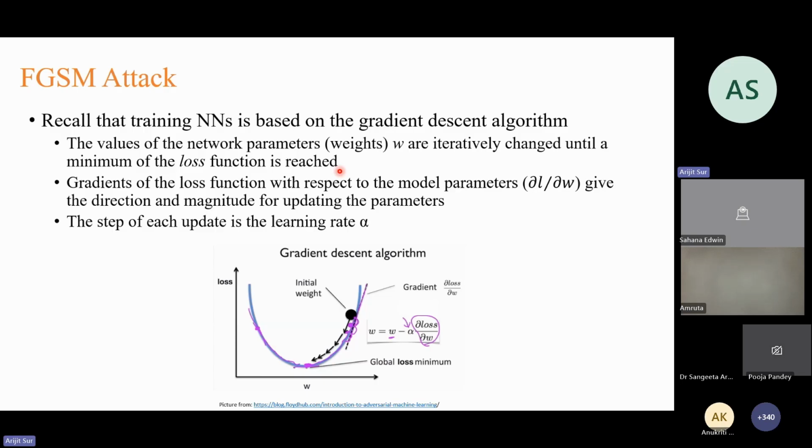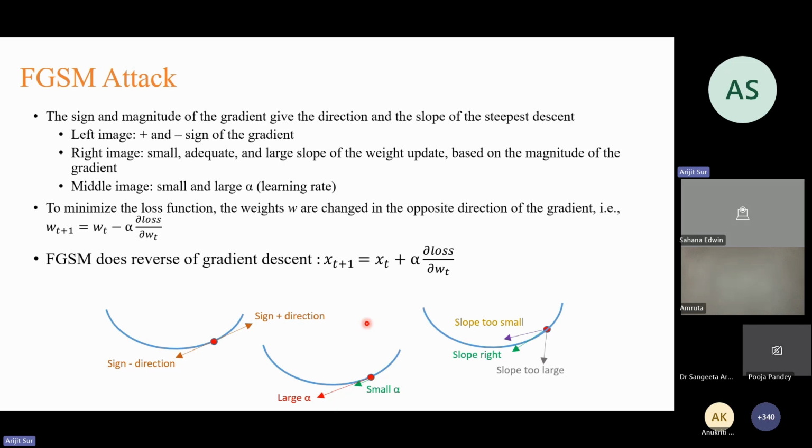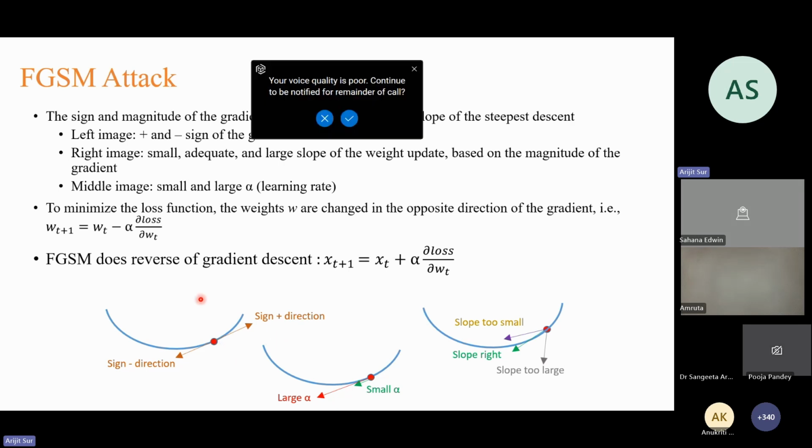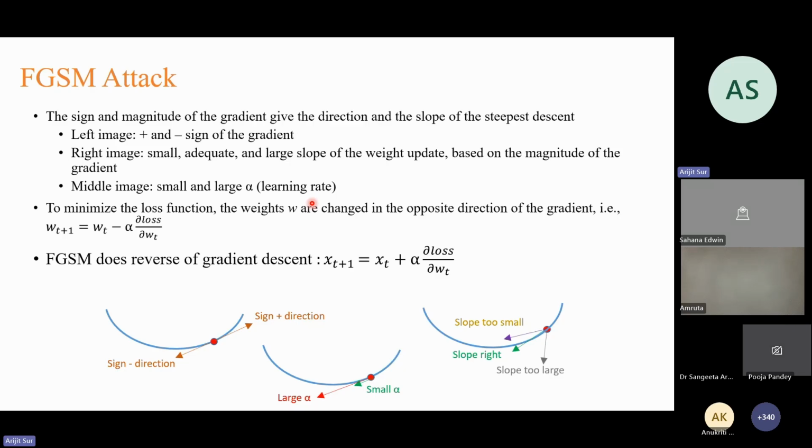Now, this is the general case. What happens with FGSM? In normal classification we are trying to find the minimum, but here we want the classifier to misclassify.